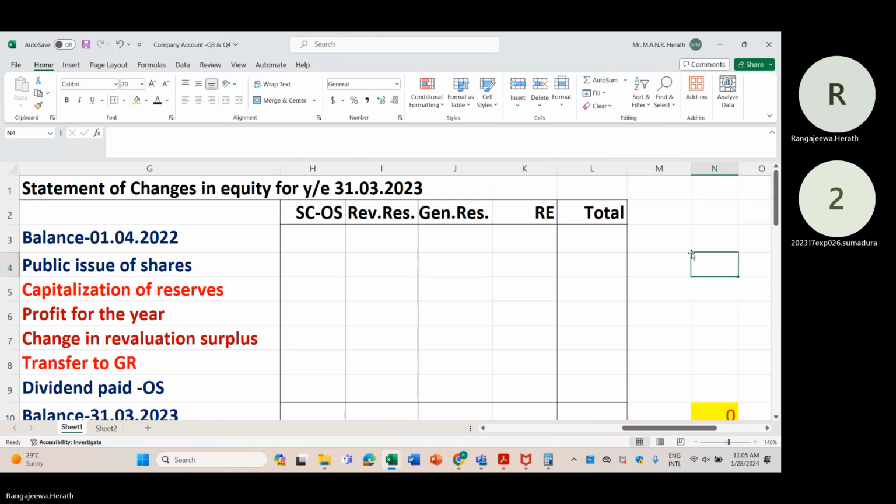That is the structure. Then opening balance, public issue of shares, capitalization of reserve, profit for the year, change in revaluation surplus, transfer to general reserve, dividend paid.